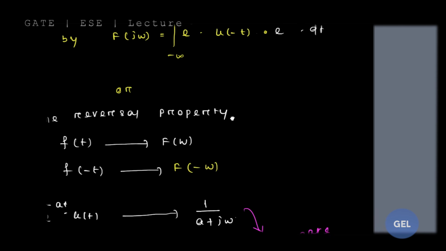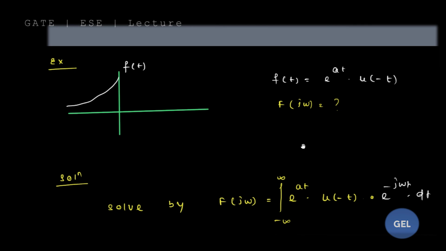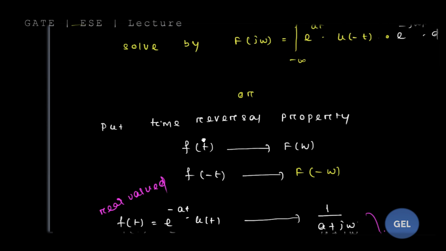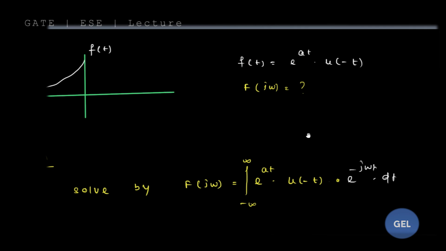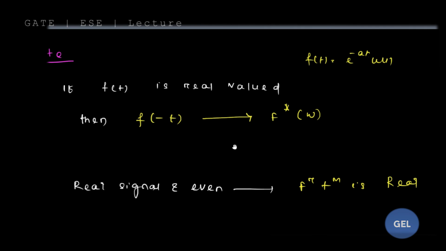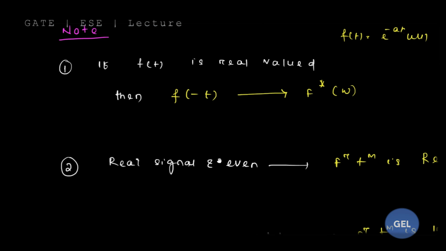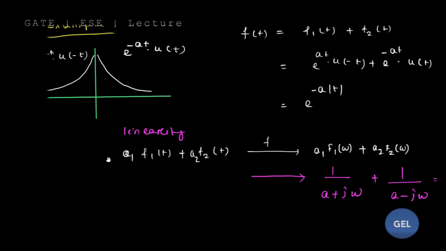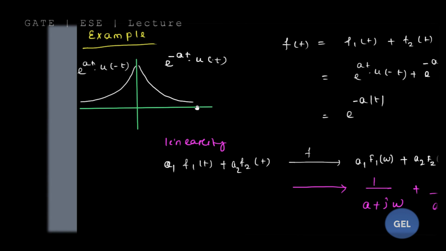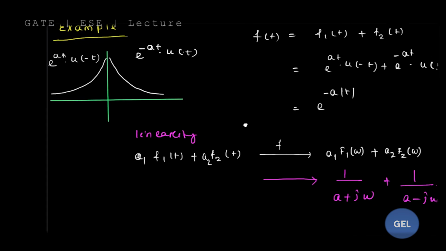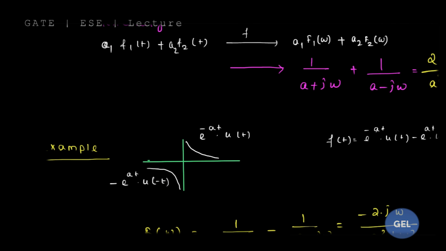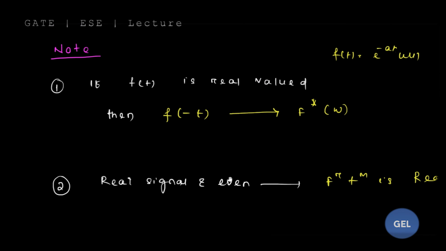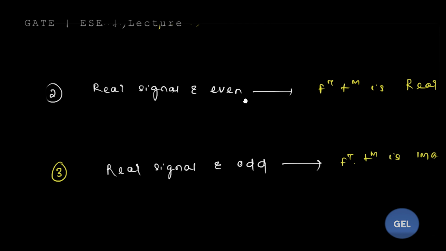Then we moved to solve the same kind of question but on the other side. Then we combined both, and we took out the note point for this, and also did the solution of the same question with the double-sided exponential signal, and found out the note point. So there are 3 very important note points that we have covered here.